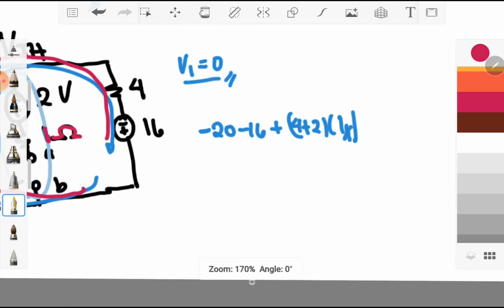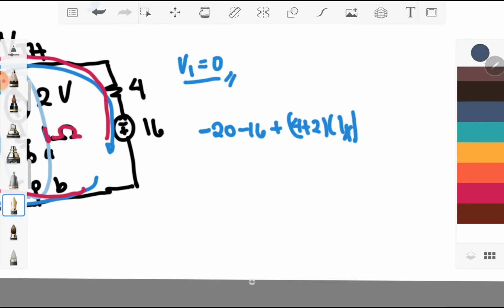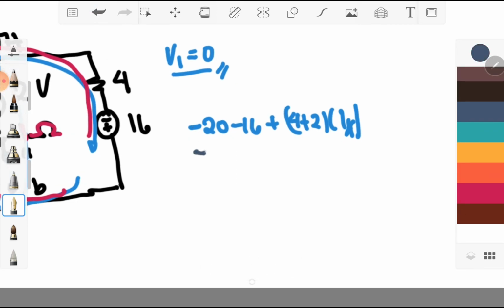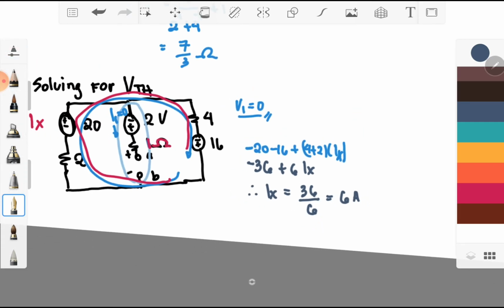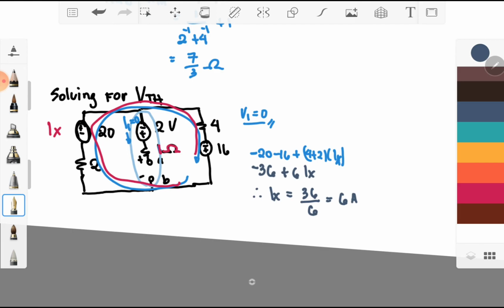Okay, so therefore, we will have a value equal to negative 36 volts plus 6IX, wherein our IX is equal to 36 divided by 6, which is equal to 6 ampere, which means that this is the value of the current IX.